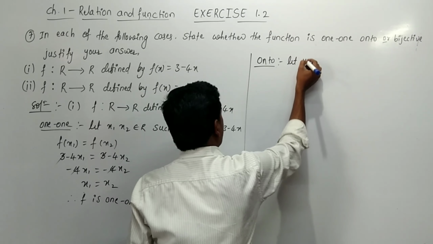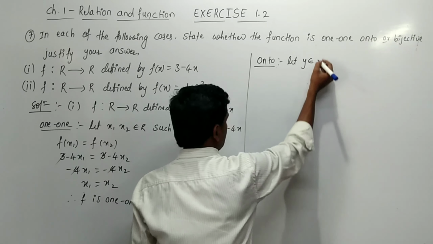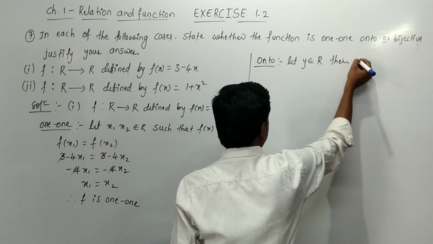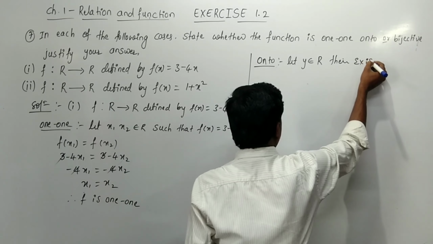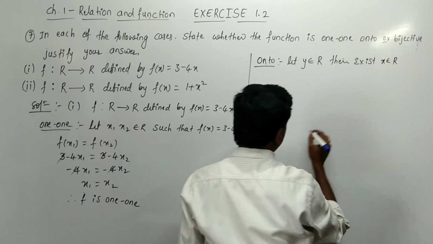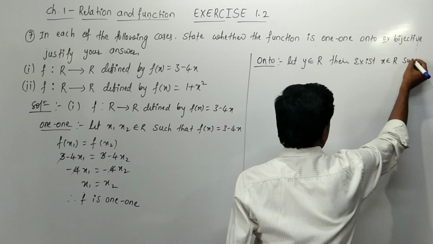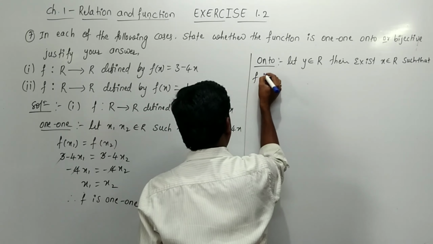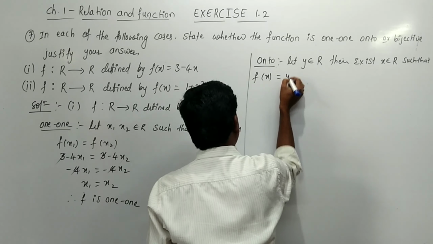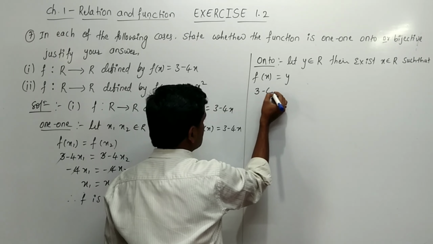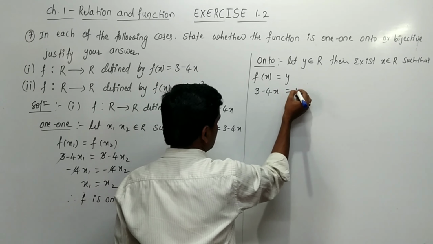Let y belong to the codomain, the real numbers. There exists x belonging to the domain, the real numbers, such that f of x is equal to y. Here the function 3 minus 4x is equal to y.